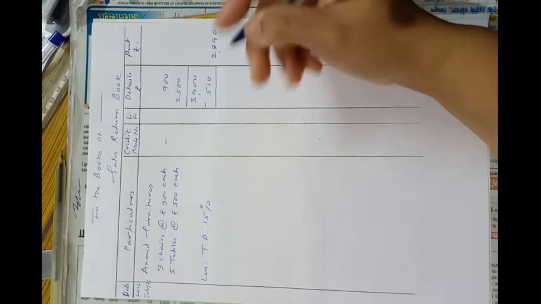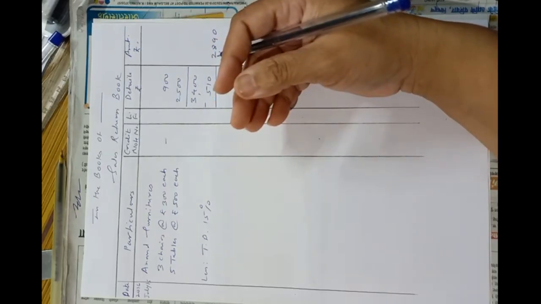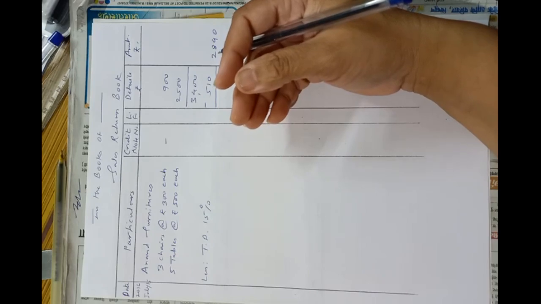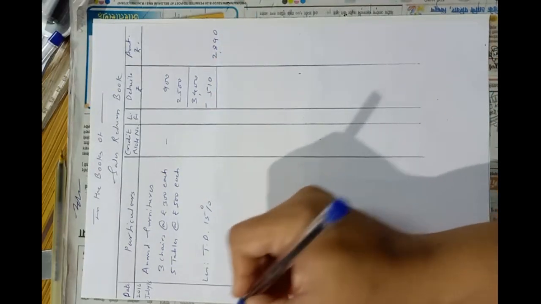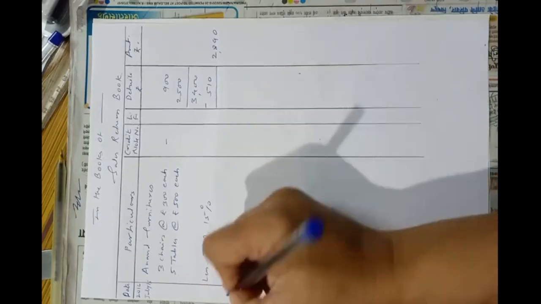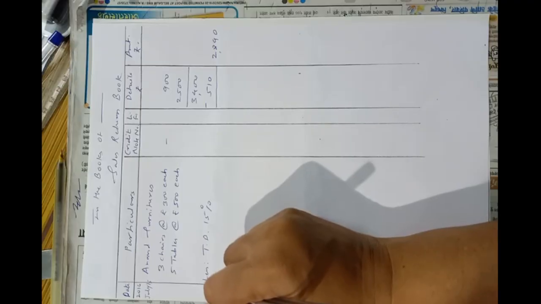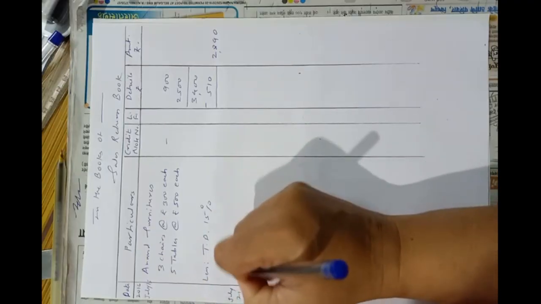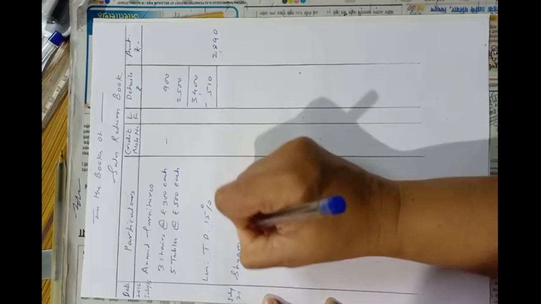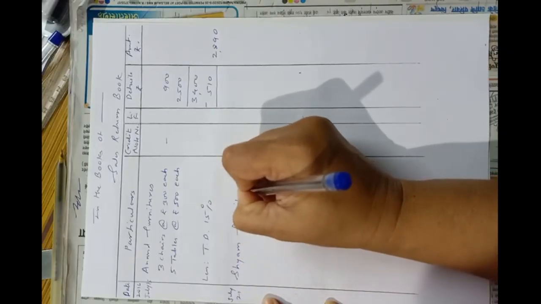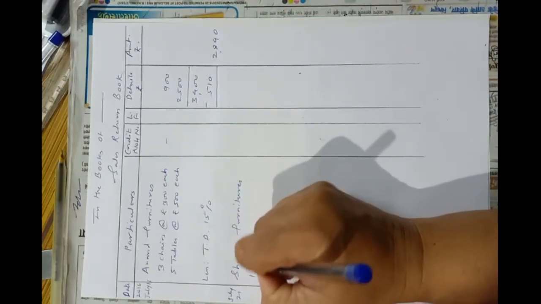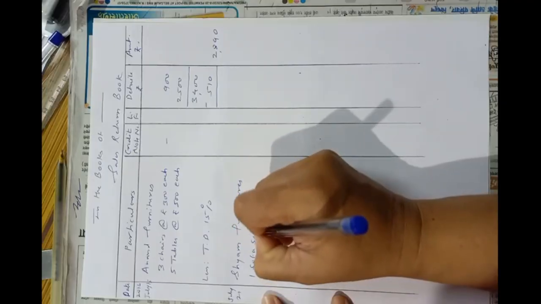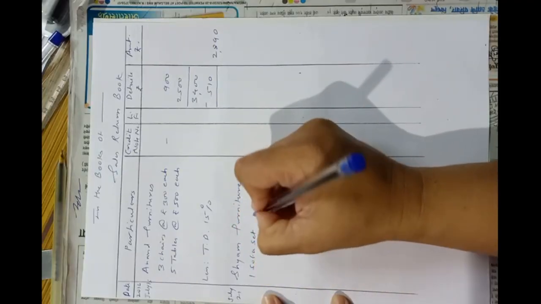And now second transaction, see the problem is of 21st July. Shyam Furnitures returns the goods being defective. So Shyam Furnitures, July 21st. One sofa set at rupees 4000 each.